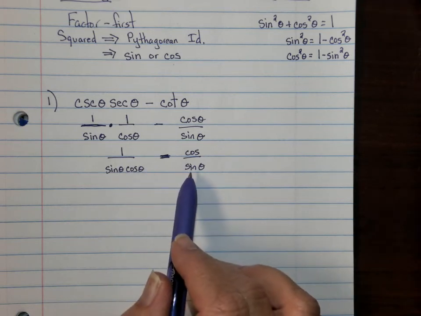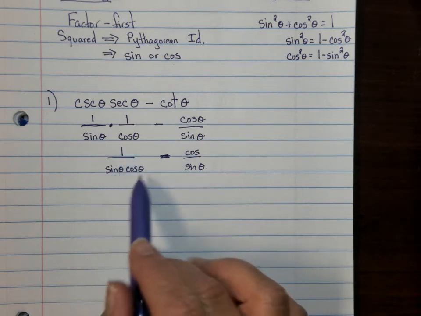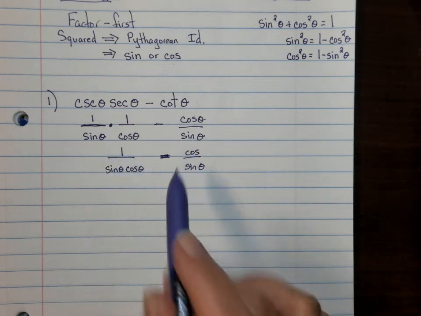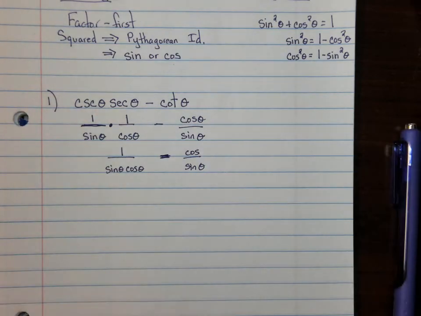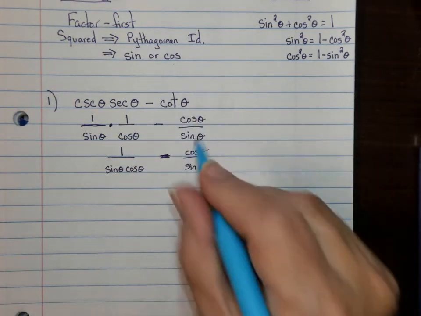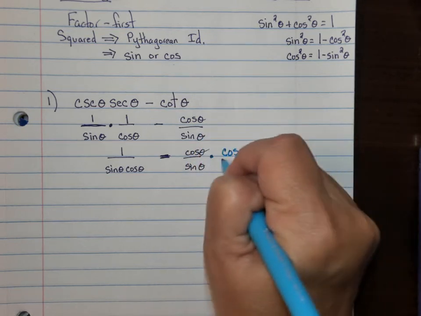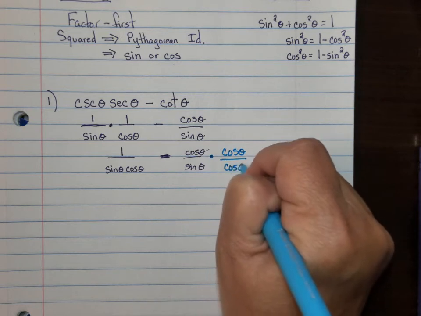Just like in our example, 4 was a factor of 8. So we're going to leave this fraction alone, and we're going to multiply this fraction. Oh, I forgot my little theta there. We're going to multiply this fraction by cosine theta over cosine theta.